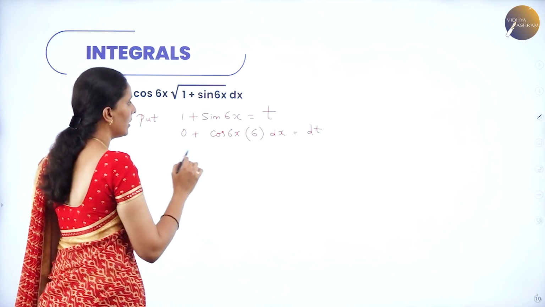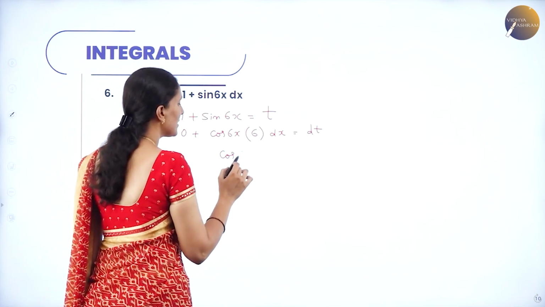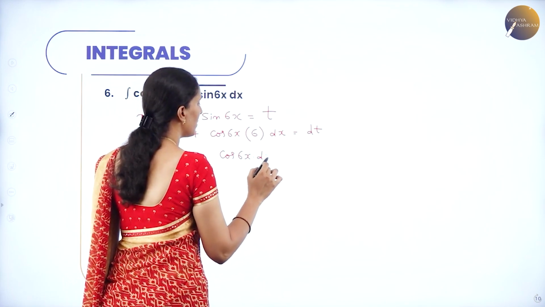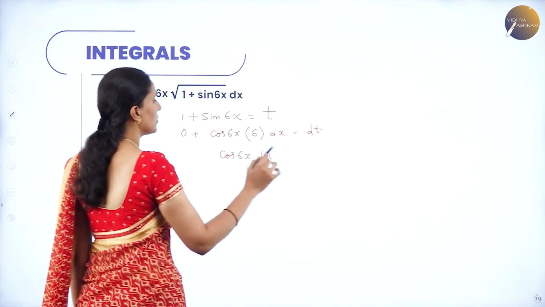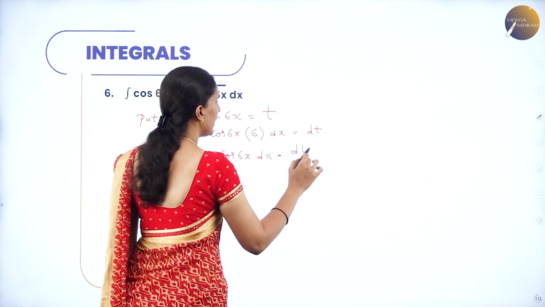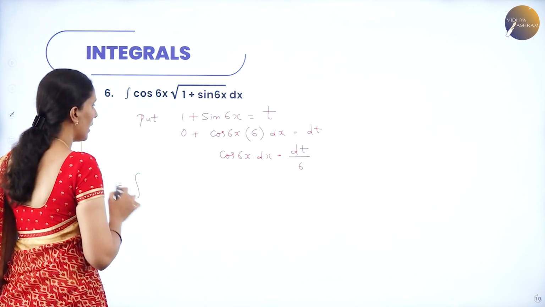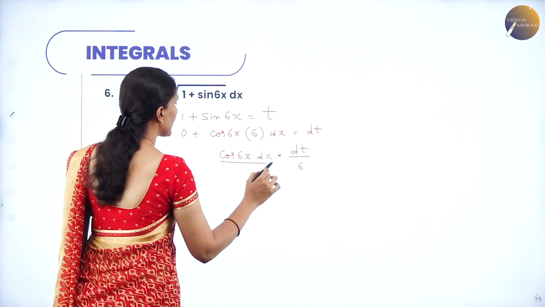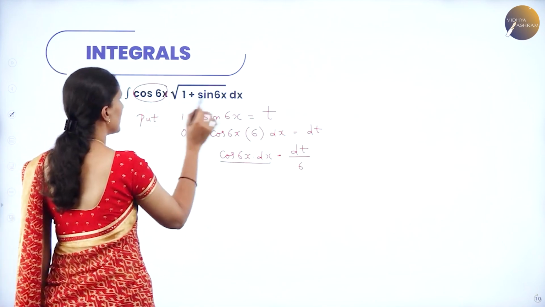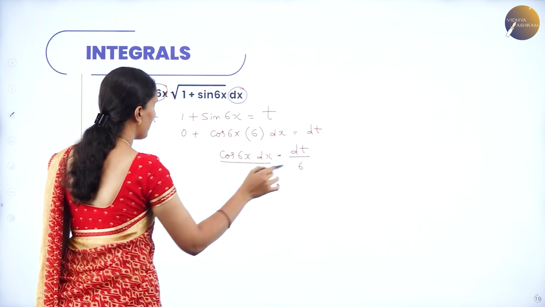Now, here I need only cos 6x into dx because I don't have any 6 here. So, let me take this as dt divided by 6. Now replace cos 6x into dx with dt by 6.